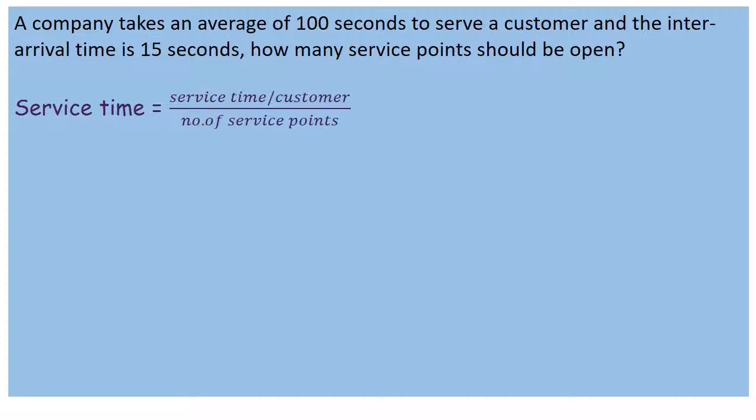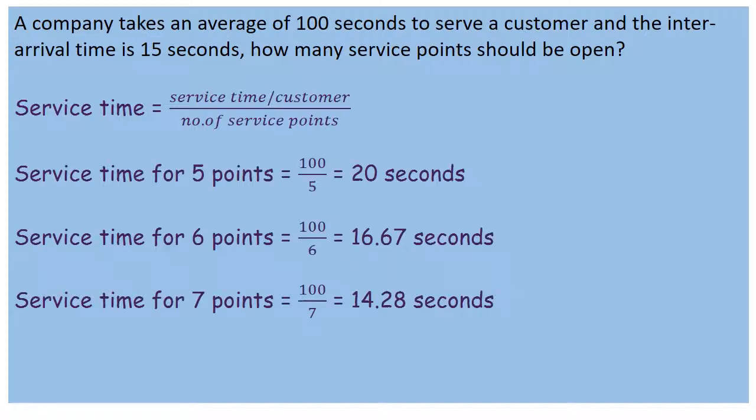Well, the service time, remember, is the service time per customer, and we'll divide that by the number of service points. So for 5 points, there's 100 seconds per customer, divided by 5 service points. That's 20 seconds. So we can see 20 is still more than 15. There's going to be a queue building.